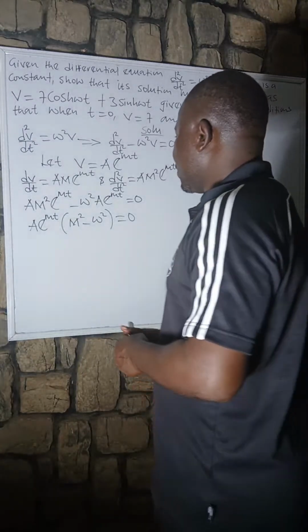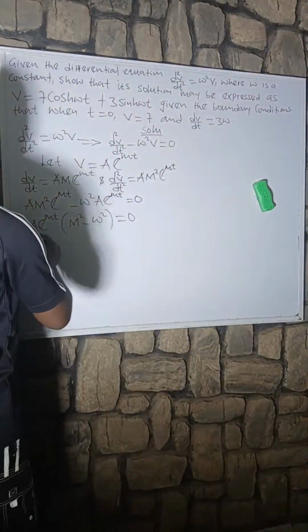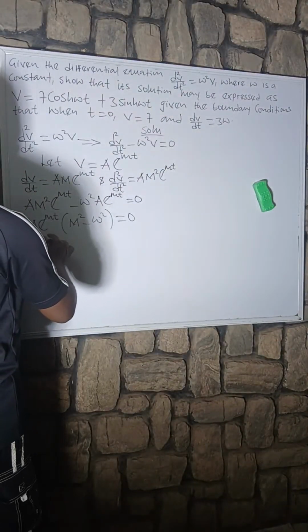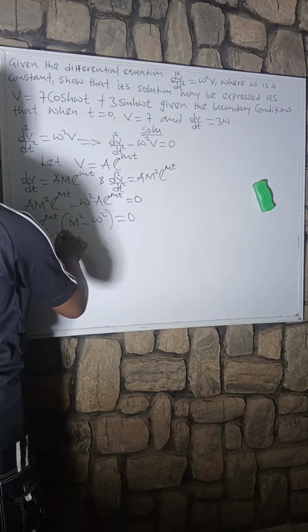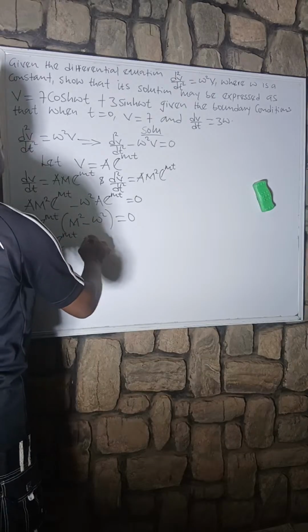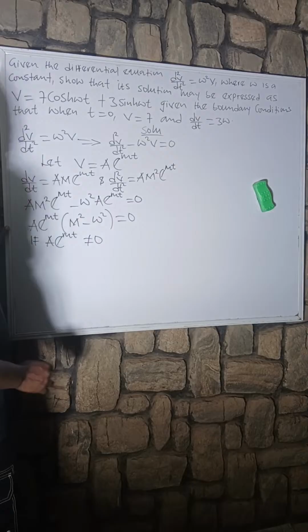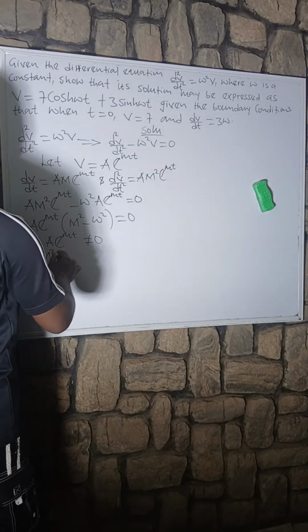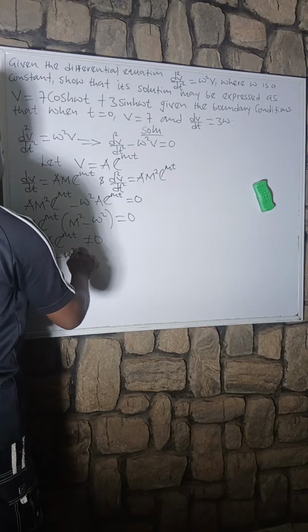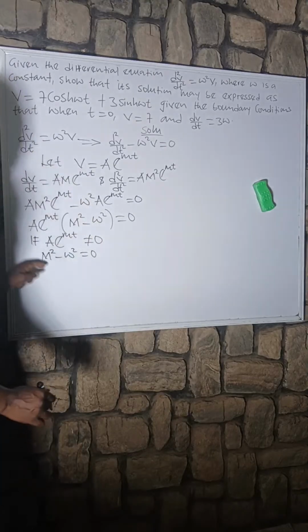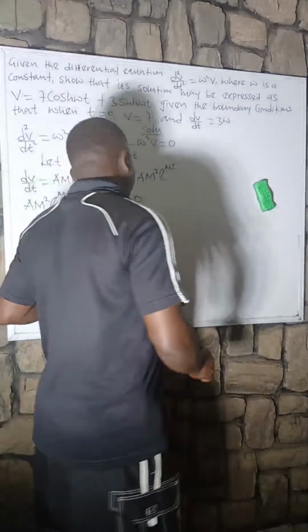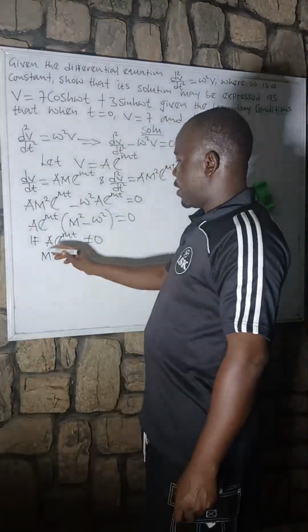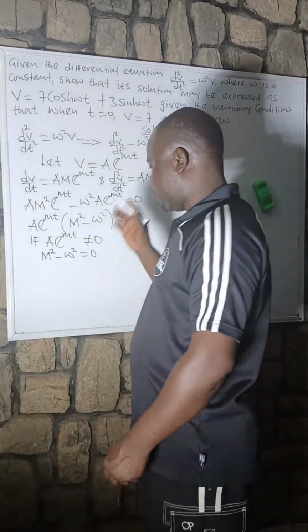Okay. So if A exponential mt is not equal to 0, it means this will be equal to 0. M square minus omega square is equal to 0. So now this is our auxiliary equation.